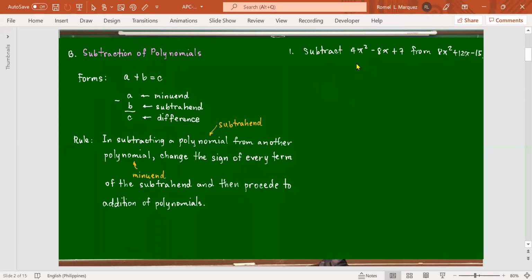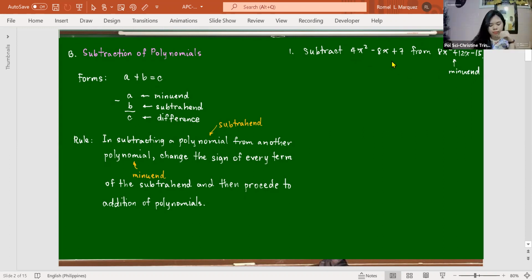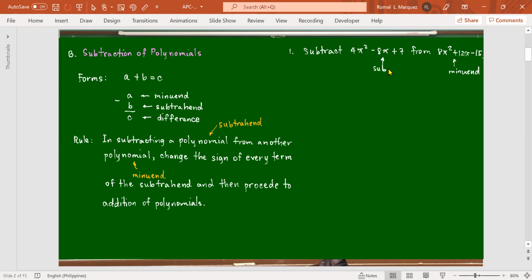So what is our minuend here? This one, no? Yes po. Minuend. And this is the subtrahend. So ang rule, change the sign of every term in the subtrahend. Copy the minuend. And then I'm going to make it addition, but I have to change the sign of every term in the subtrahend. Am I right, guys?